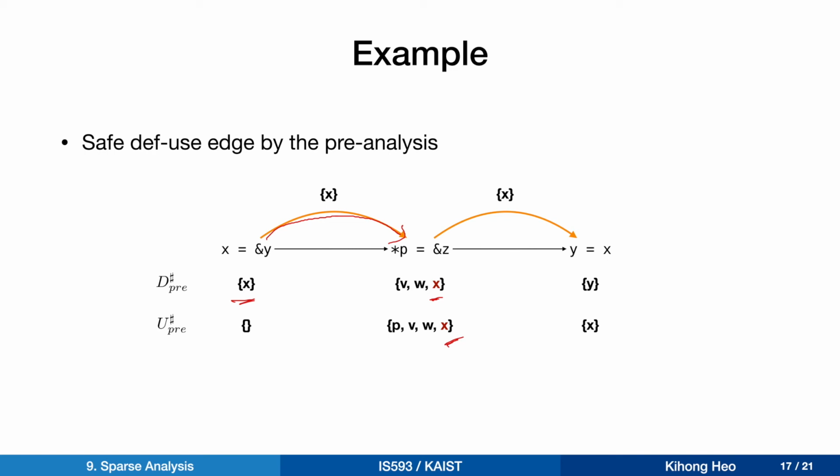If you have a more precise pre-analysis that does not have this spurious def, then it will have a bigger jump like this. It does not have this one. It will have this big jump, and that will make the analysis much faster.